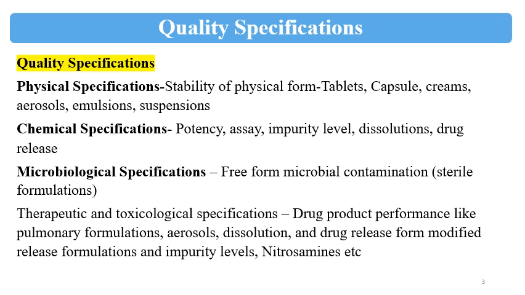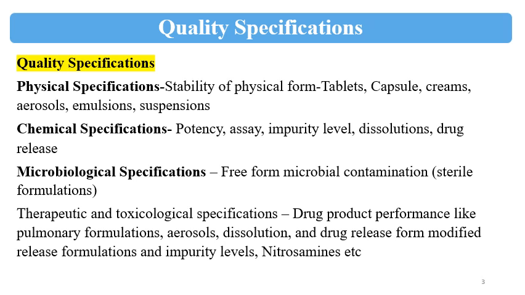Aerosol should retain its particle size and activation dose. Emulsions should not show phase separation. Suspension should meet the quality criteria of redispersibility. So these are the physical specifications. Then coming to the chemical specification.